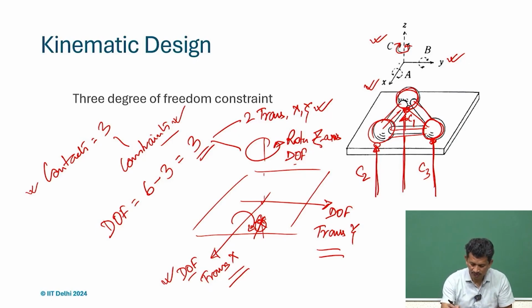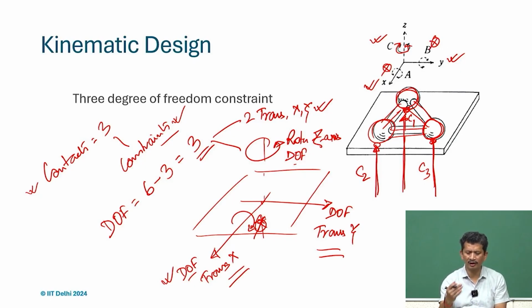So, this is not possible. What about B? For B also we can align one of the bars and then we can see C2 is leaving the contact, or we can always generalize, and here again this rotation is also not possible.